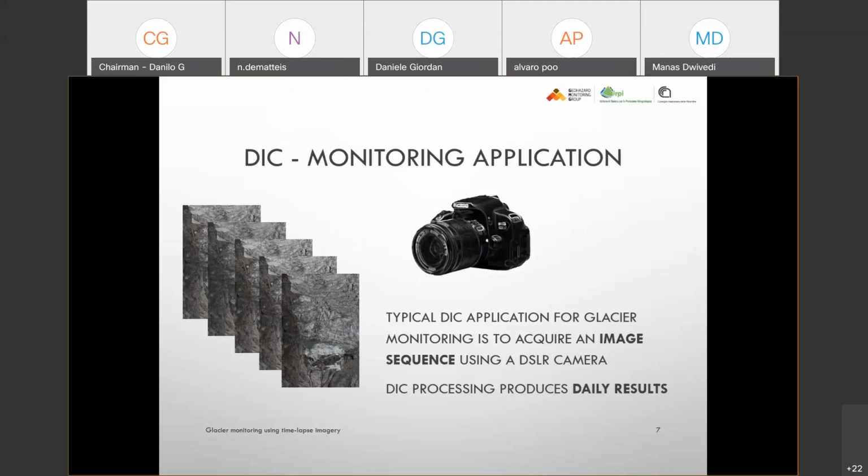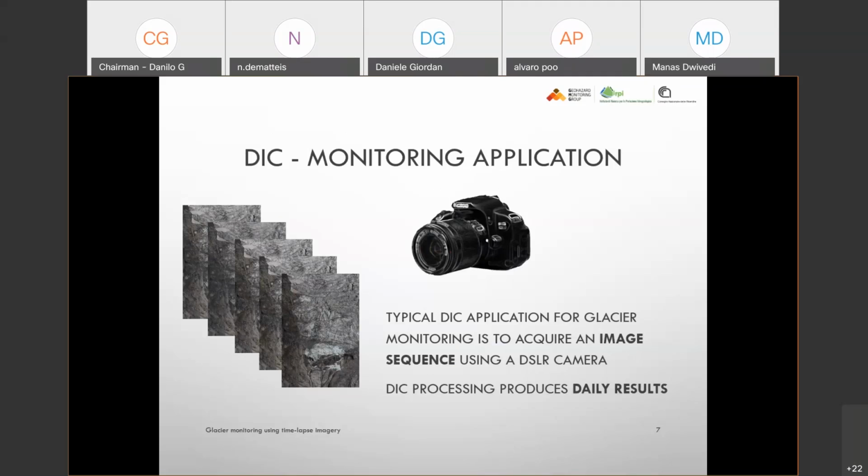But I now want to present a typical application of this technique for glacier monitoring. In this case, typically an image sequence of many images per day is acquired, but only one displacement is obtained every day.